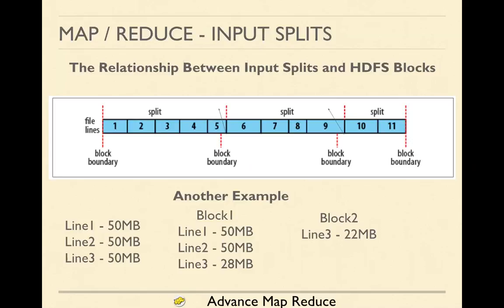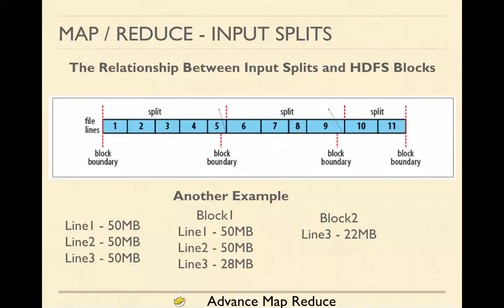And that's the problem. When we process something, we expect the data to be logically correct. And while we were storing data, it was ruthlessly cut by HDFS to be stored in a raw manner.